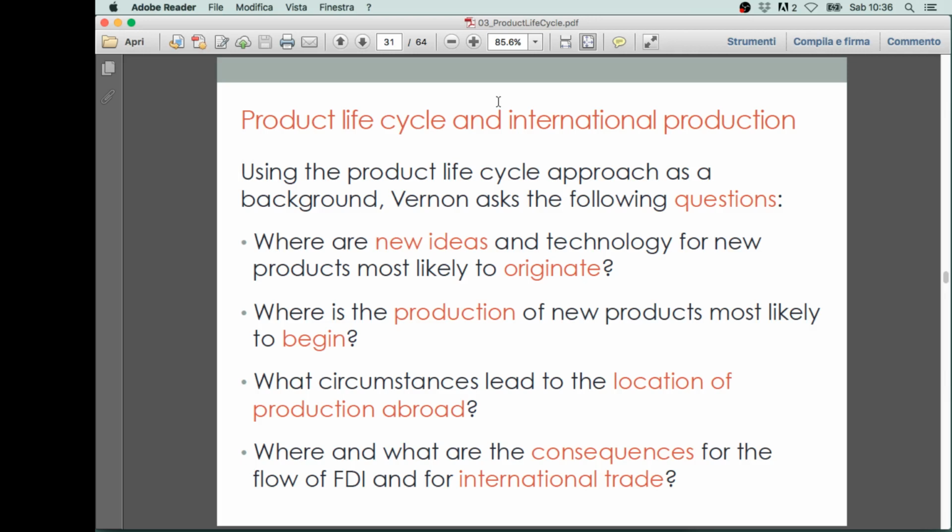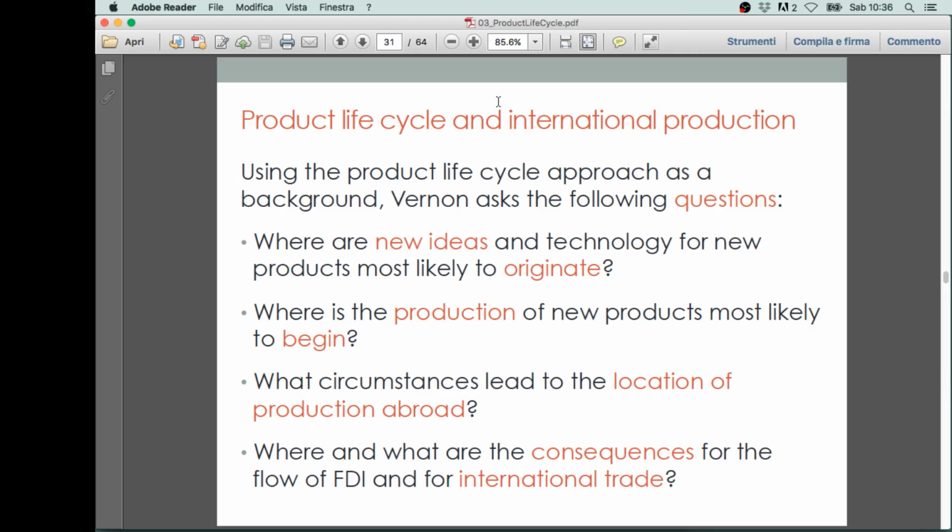Second, where is the production of new products most likely to be located? And also, what circumstances lead to the location of production abroad, and what are the consequences for the flow of foreign direct investments and for international trade?